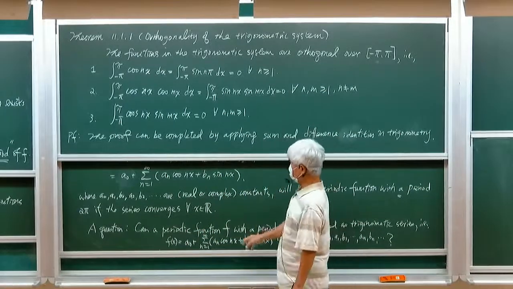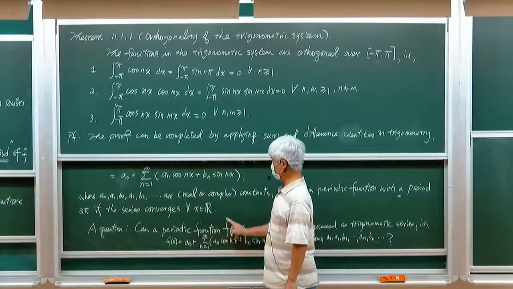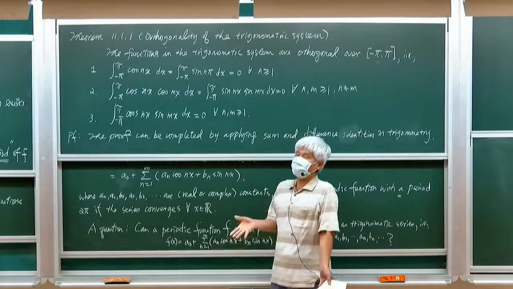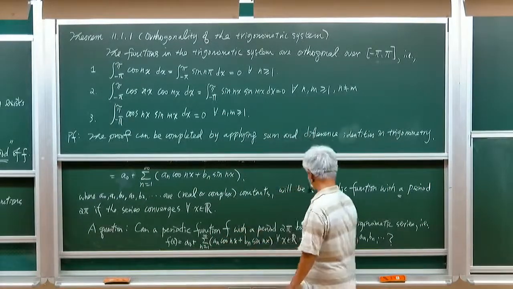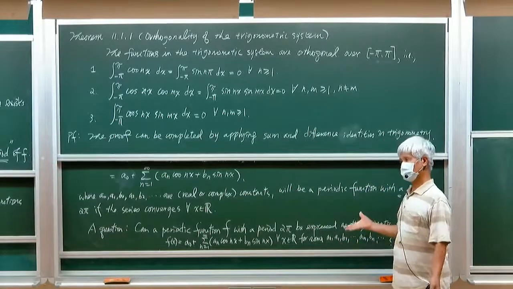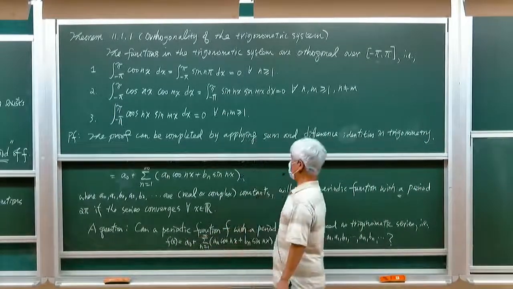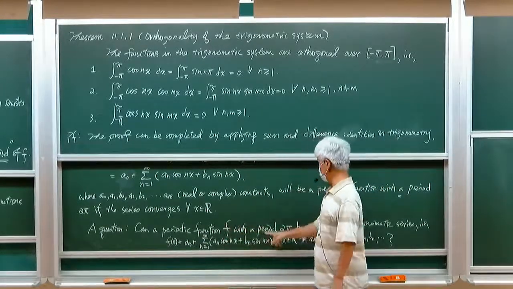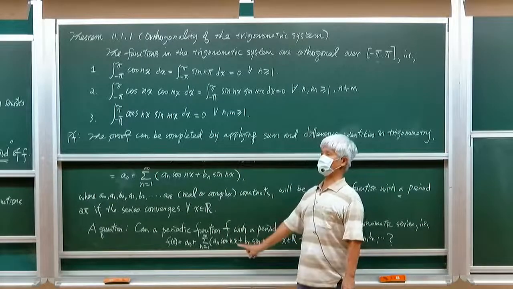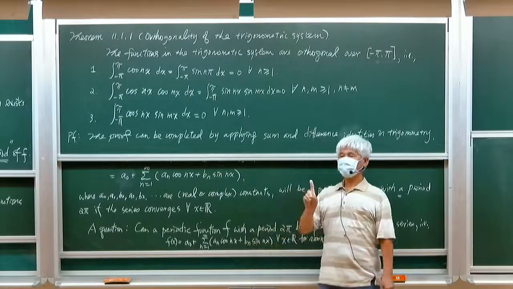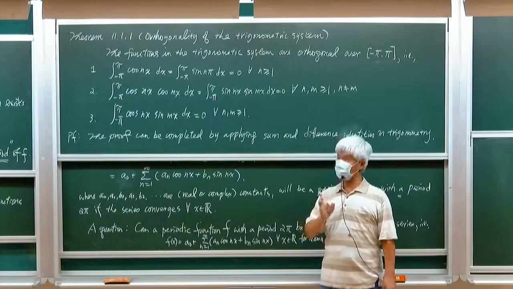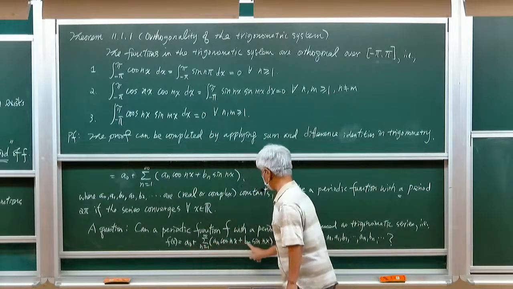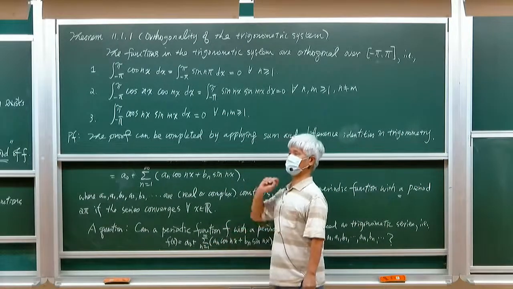It could be that some periodic functions cannot be expressed like this, meaning that we can't find some constants. And maybe some of those periodic functions with a period 2 pi can be expressed in this way. And if the answer is positive, you have to find a method to calculate all these constants from the original function f of x.